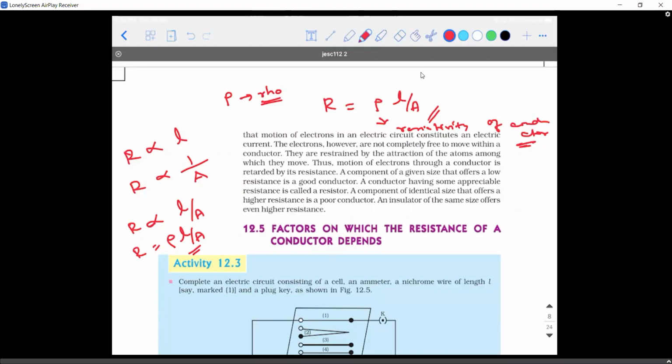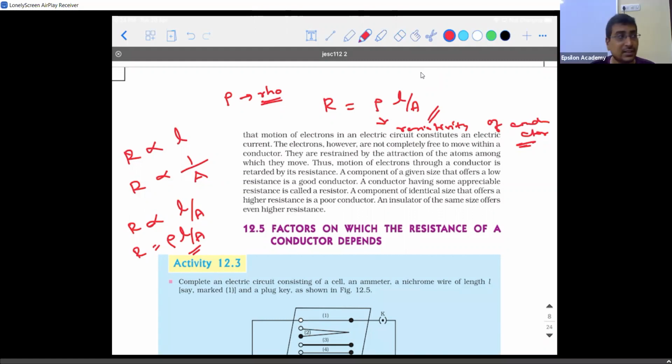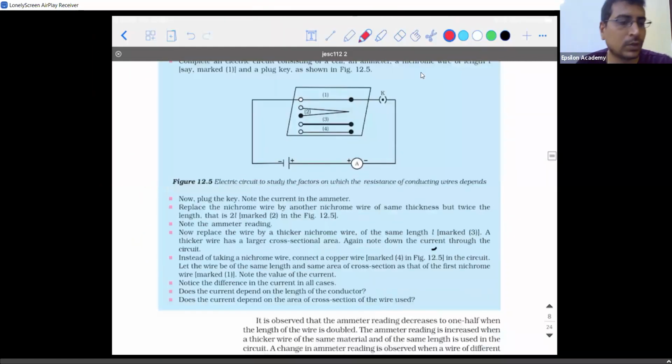Yes, sir. Okay, so there should not be a confusion. Resistance is different from resistivity. Now, please make a note.